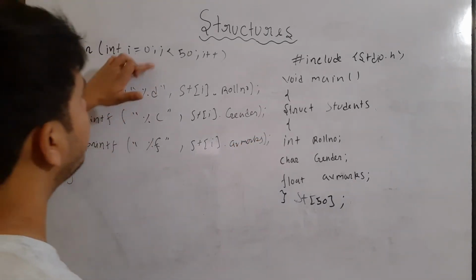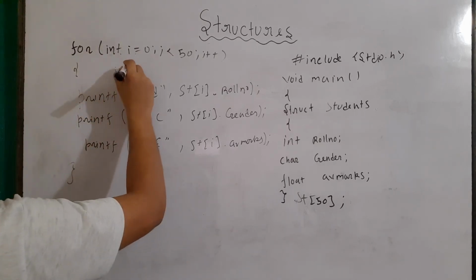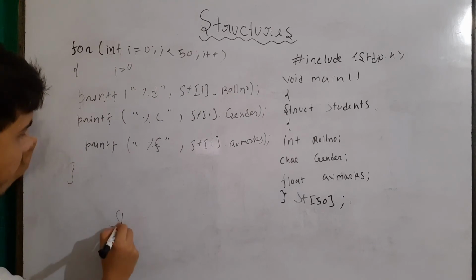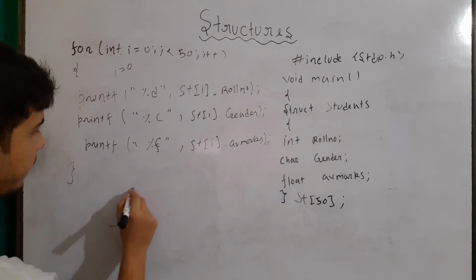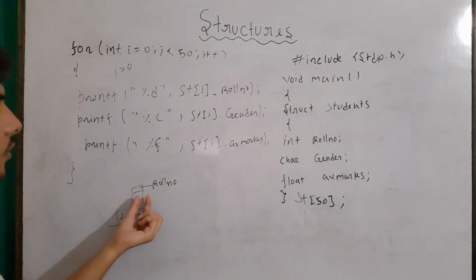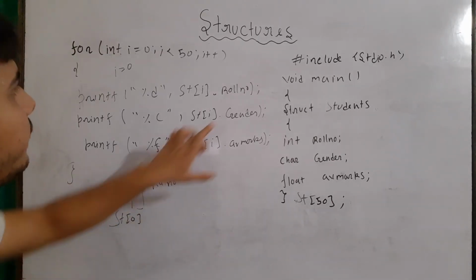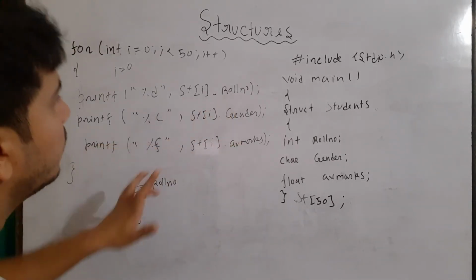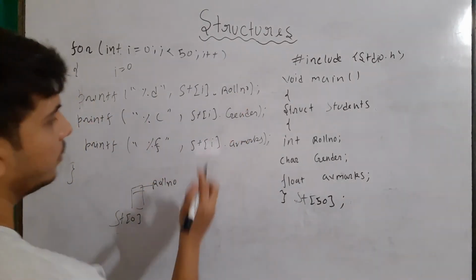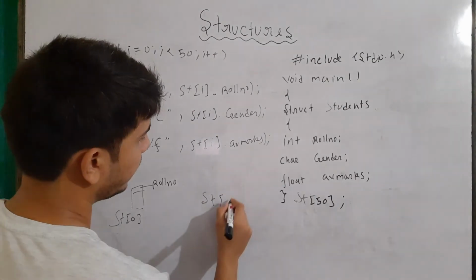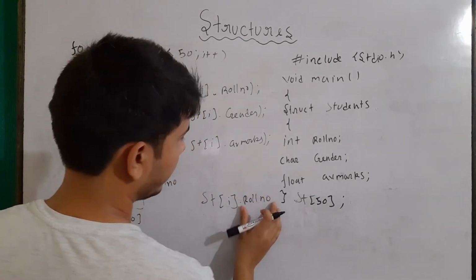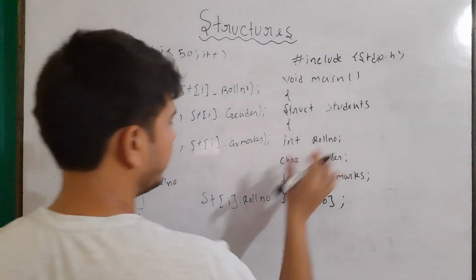So basically in the first iteration i will be 0 and the value which will be printed here will be of st[0] and its roll number, okay. So whatever we have stored here before will get printed here, okay. So remember that when we are talking about an array of structures, to access the value we use st[i].roll number, okay, or the property or element we can say.